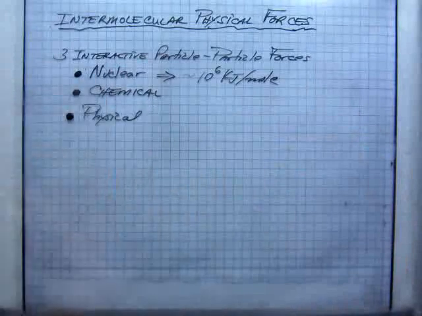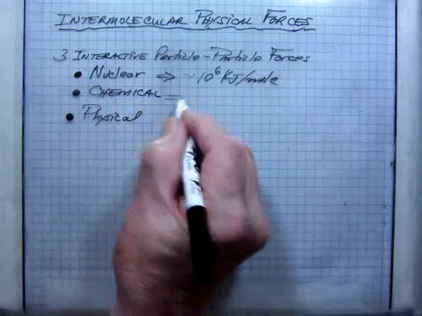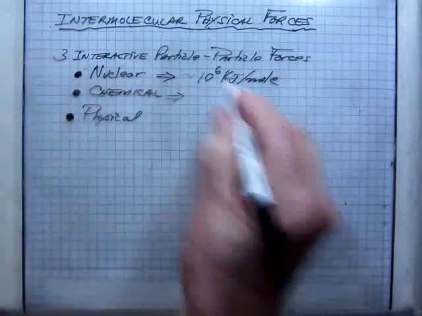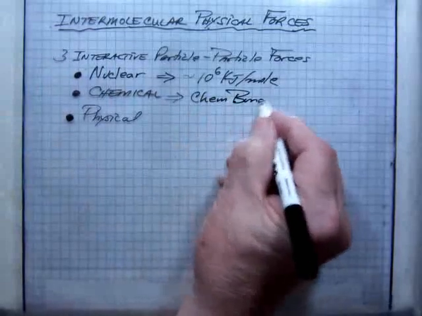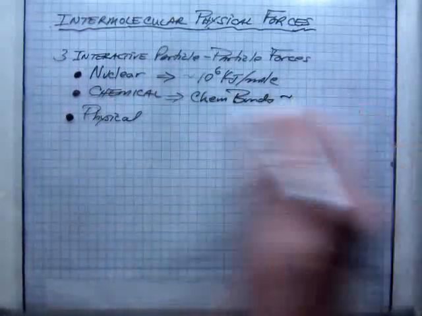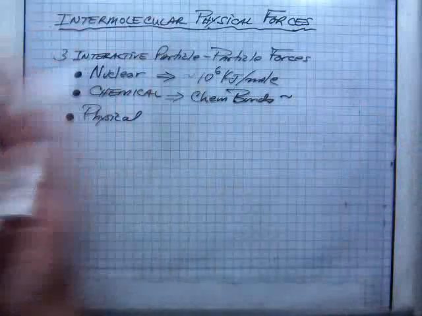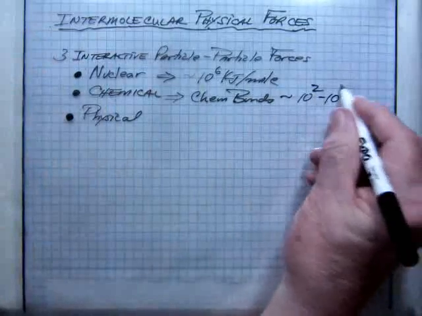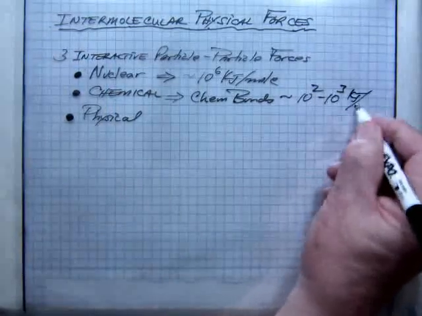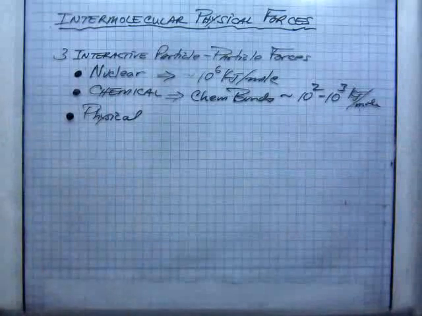The atom bomb, hydrogen bomb stuff. Then we talk about chemical interactions, which is nothing more than chemical bonds, which is in the order of 10 squared to 10 cubed, depending on the types of bonds and the organization.